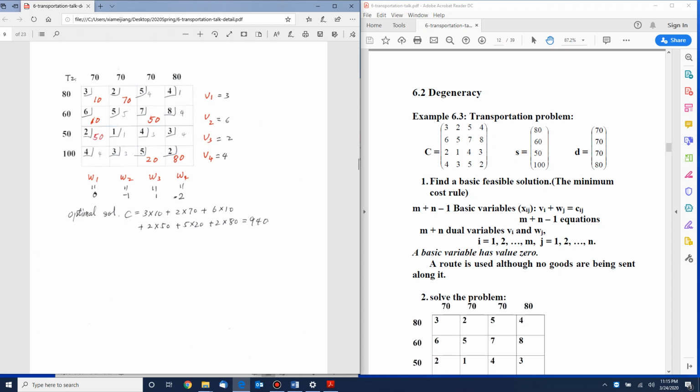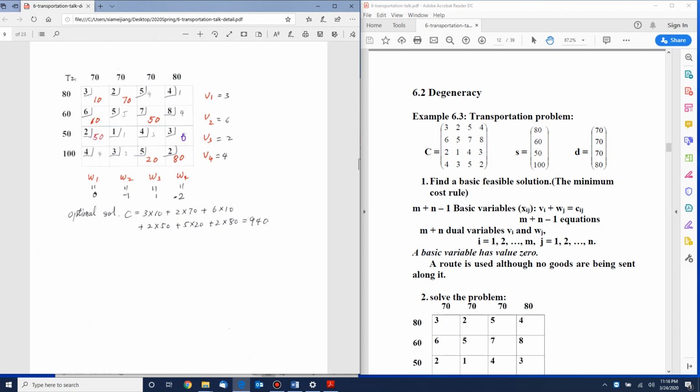And now we check if there's any positive value with Zij minus Cij. And 4 minus 5, 1 minus 4, 5 minus 5, 4 minus 8, 1 minus 1, 3 minus 4, 4 minus 3. And V3 plus W4 actually is 0.